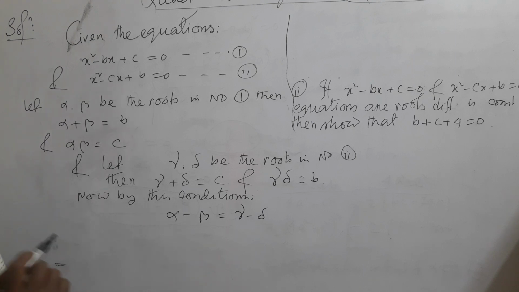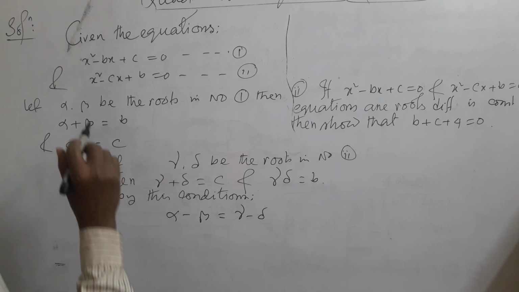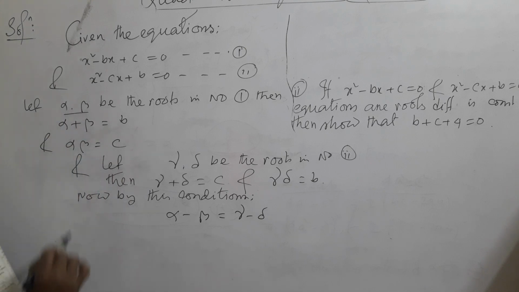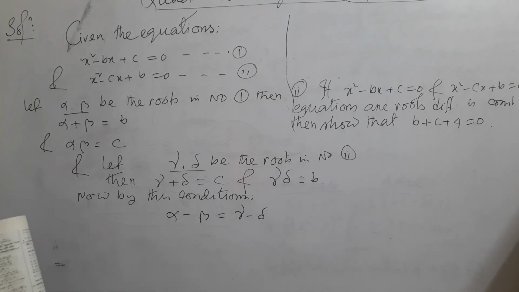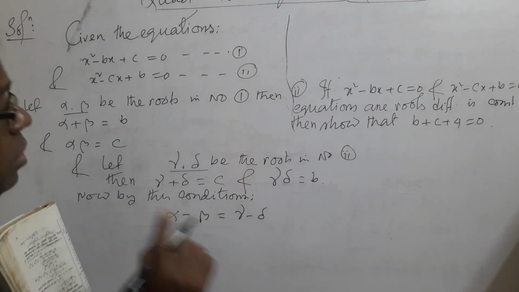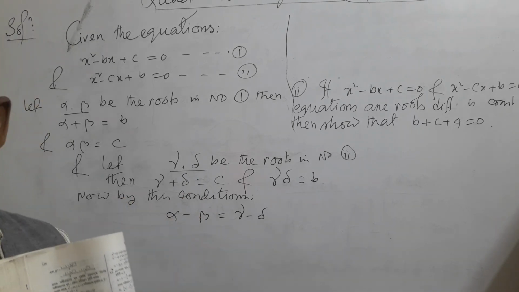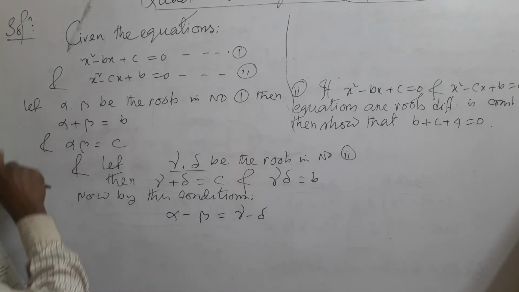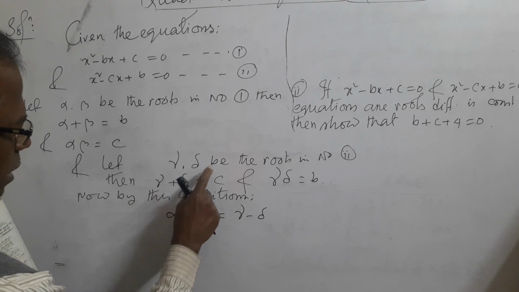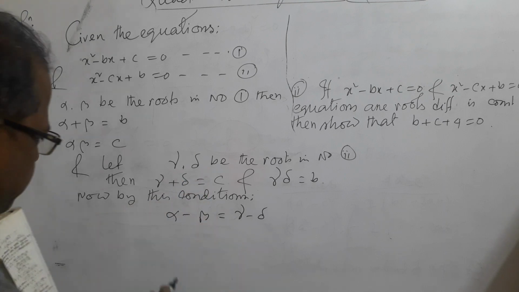If you think deeply, the first equation has roots alpha, beta and the second has roots gamma, delta, so the differences are constant. That means alpha minus beta and gamma minus delta are constant.